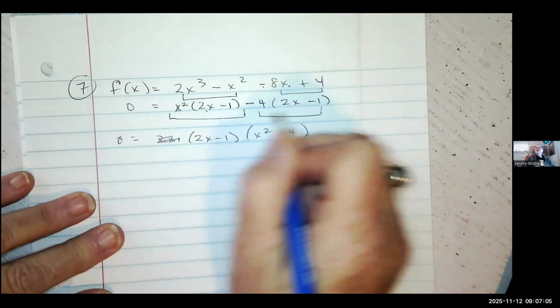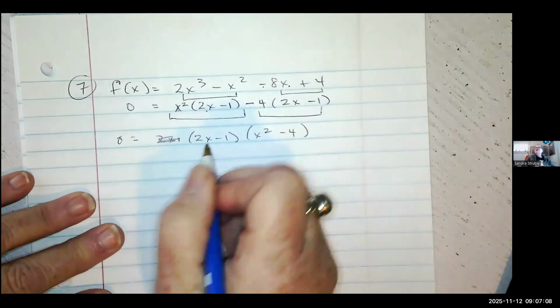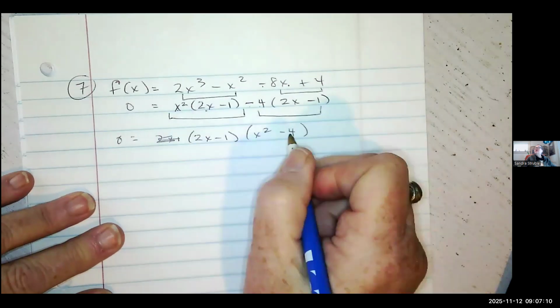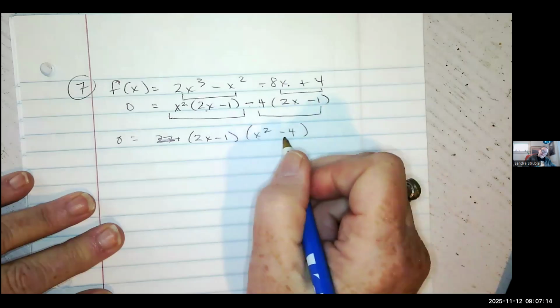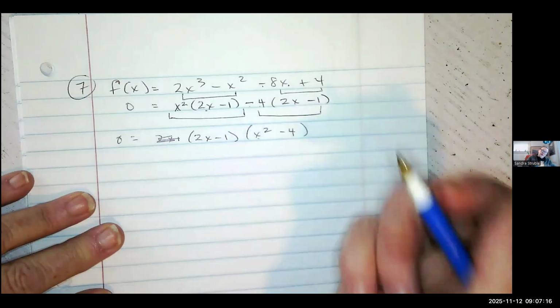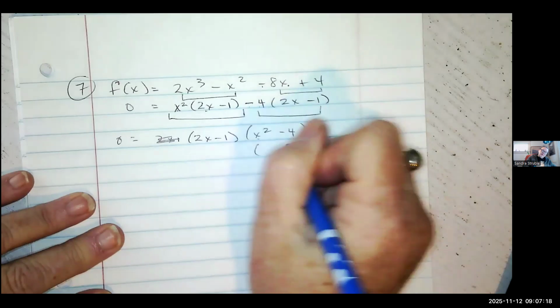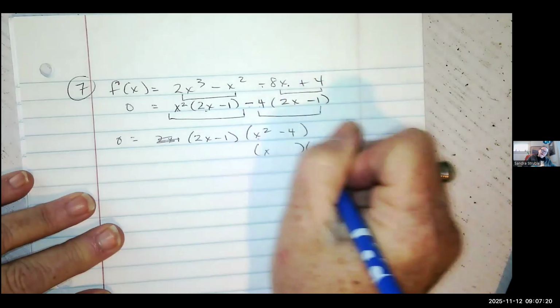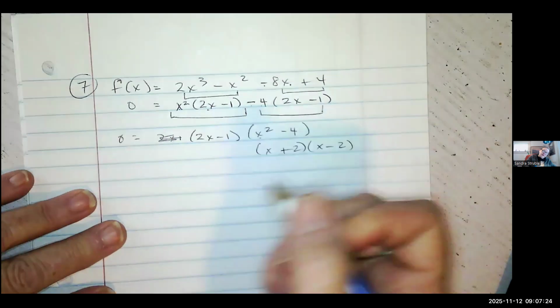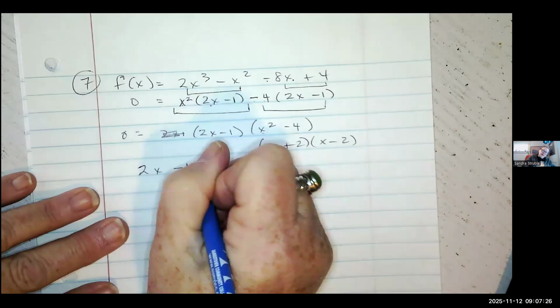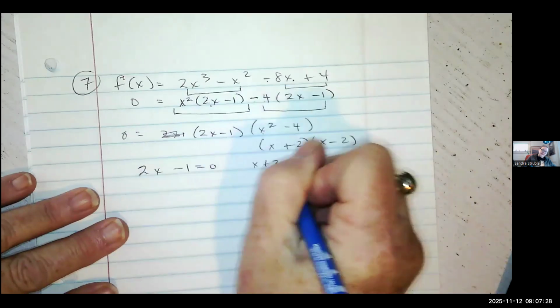Now I can either keep factoring because this is the difference of two squares, or I can use the square root property to solve. Your call. If you see that it's the difference of two squares, then you're going to see x and x, 2 and 2, positive and negative. If you don't, you can use your square root property. So 2x minus 1 equal to 0, x plus 2 equal to 0, x minus 2 equal to 0.